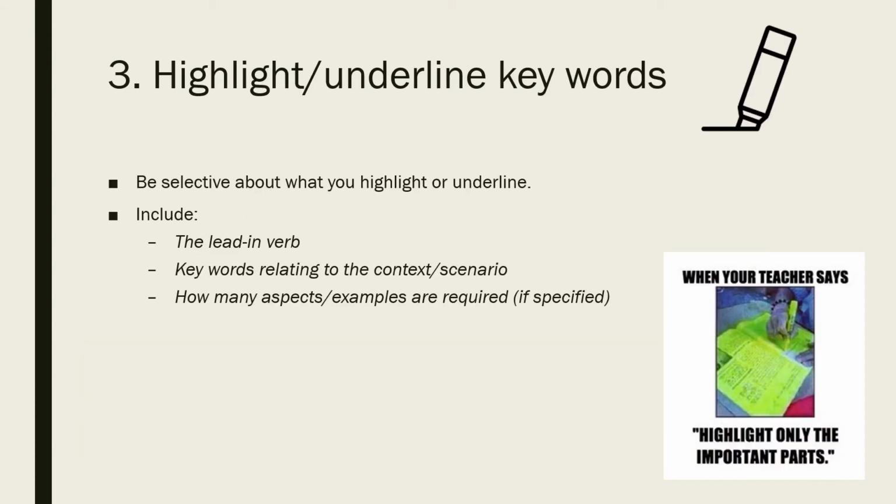Lastly, highlight or underline keywords to ensure you stay on track with your answer. Just make sure you are selective about what you highlight or underline. Some keywords or phrases to underline could include the lead-in verb, as well as keywords relating to the context or scenario, or how many aspects or examples need to be discussed.